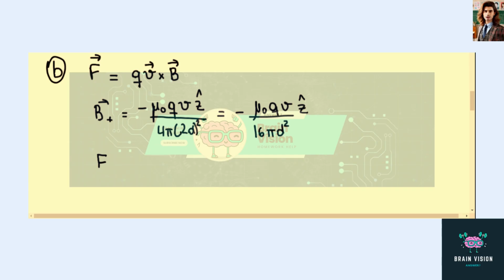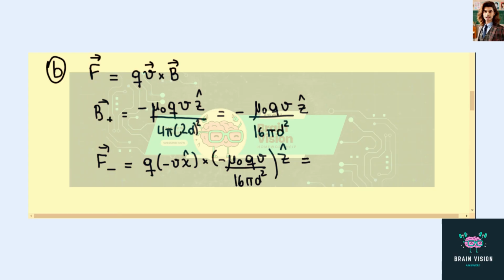Then F on the negative charge, I'm going to call it F minus, is Q times the velocity, which, as I said before, is minus Vx cross minus mu 0 q v divided by 16 pi d squared z. So this is equal to, actually there is a prime here because this is the velocity of the negative charge.